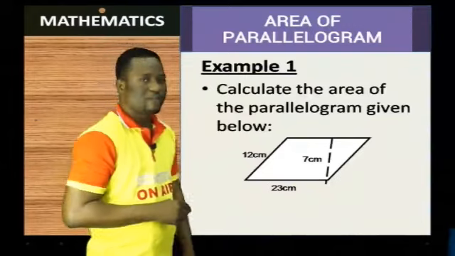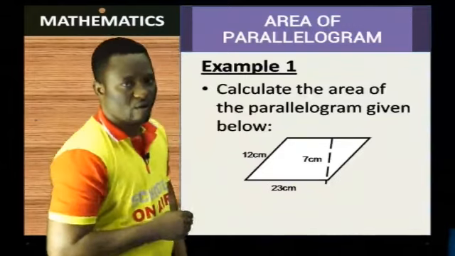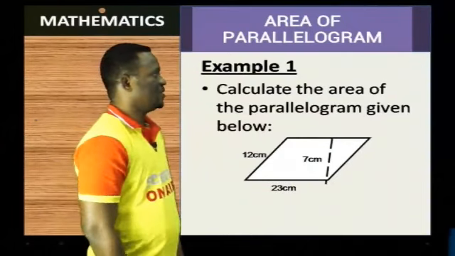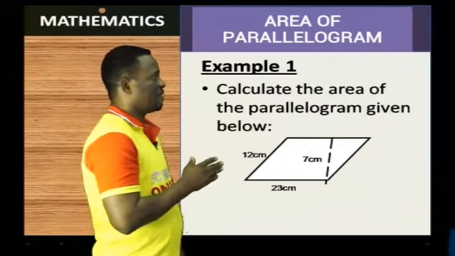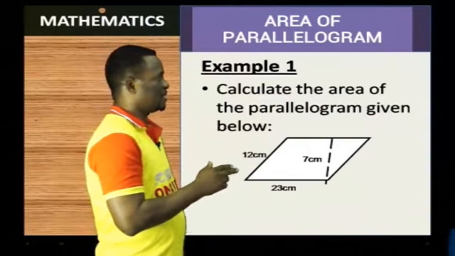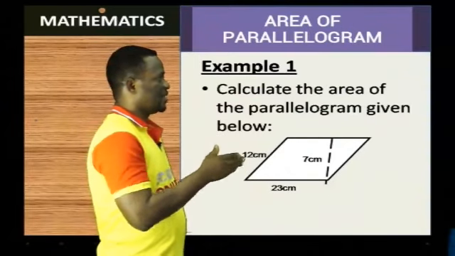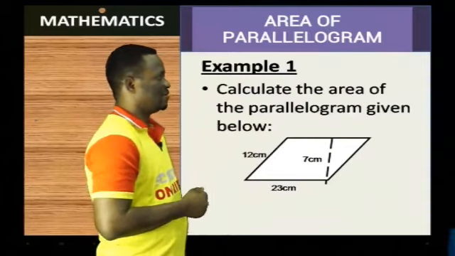Now, let's look at some examples to illustrate the calculation of the area of parallelogram. This question says, calculate the area of parallelogram given below. If you look at this diagram very well, we have the base as 28, we have the vertical height as 7 centimeters, and the slant height, another side, as 12 centimeters.